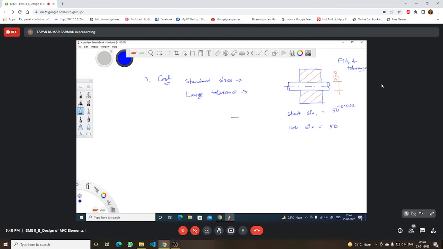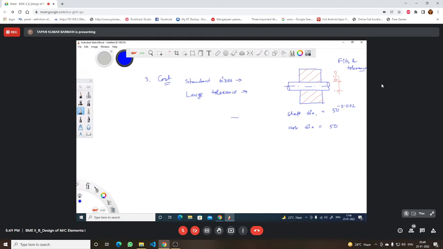You have to give some extra time. You have to give some sophisticated instrument. You have to provide, say, skilled labor. Then only it is possible to manufacture the component with tight tolerance. Otherwise, it will be difficult. And when you incorporate skilled labor, sophisticated instrument, and more time, the manufacturing cost will increase.